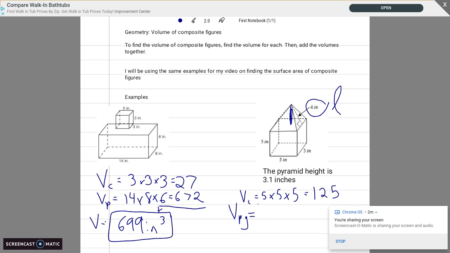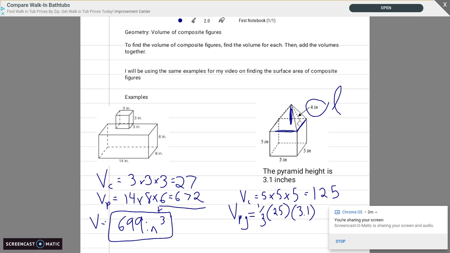It is 1/3 times the area of the base. So the area of the base is going to be 5 times 5, which is 25, times the height, which they told me was 3.1. So off screen, I'm going to do 25 times 3.1, and then I'm going to multiply this by 1/3.